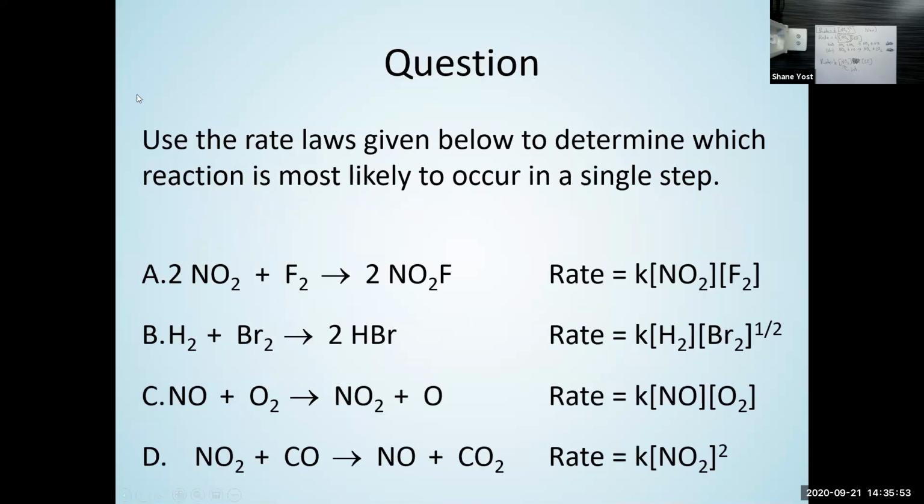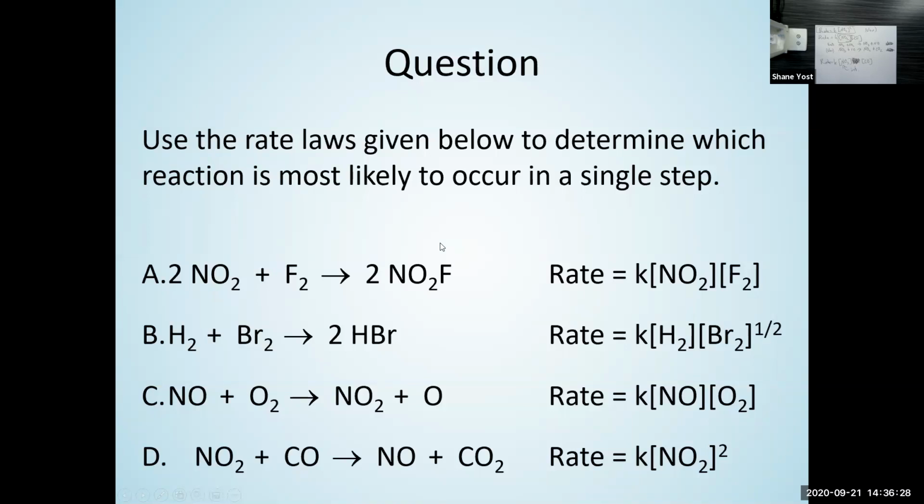All right. So, given these are different elementary steps, or assumed to be elementary steps, these are different reactions that are assumed to occur in a single step. And so the question is, given that these are the rate laws for these given reactions, which one of these four reactions actually does occur in a single step, while the other three will not?